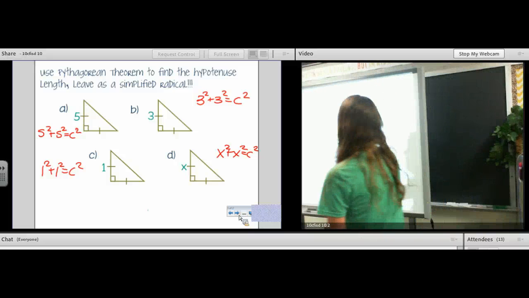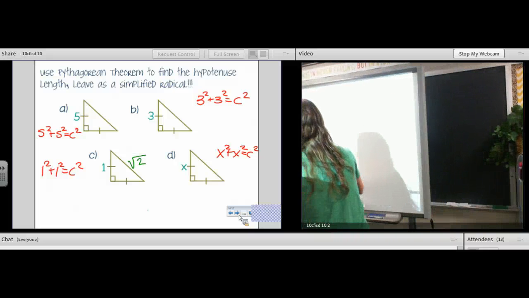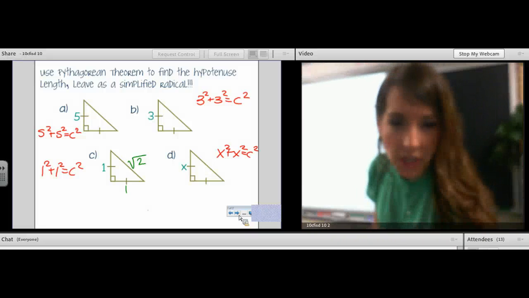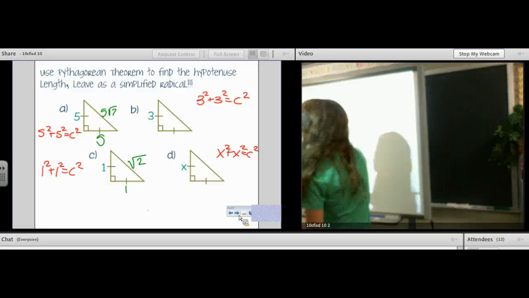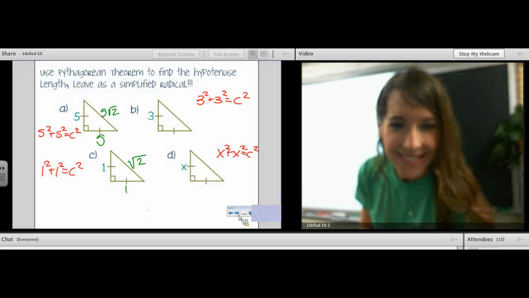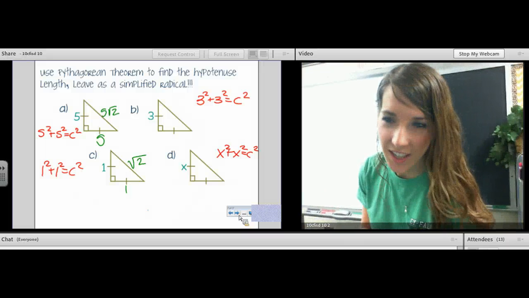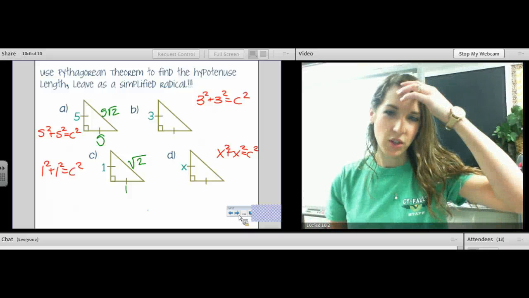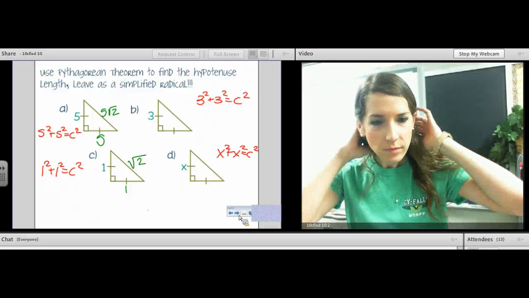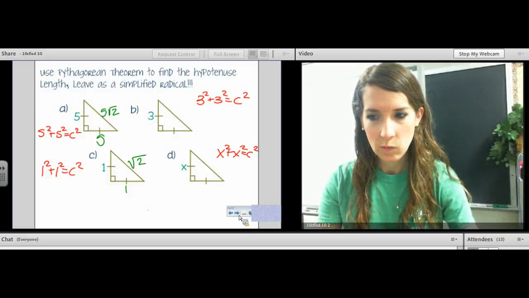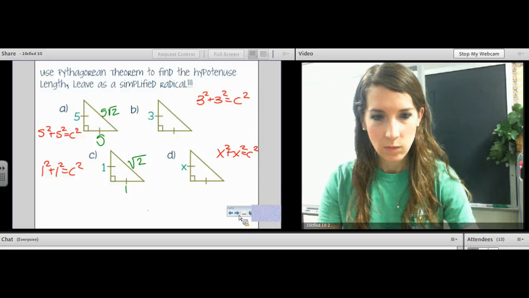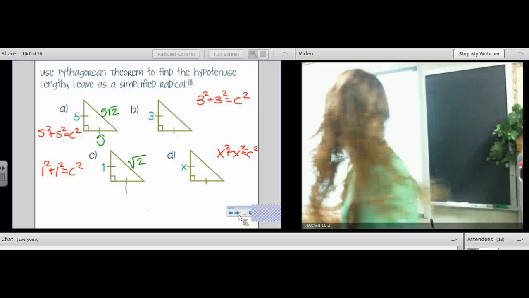George got square root 2. Yeji got 5 square root 2. Not quite. Try D again. Yes, Austin, yeah. For B, you got 3 root 2. Okay.